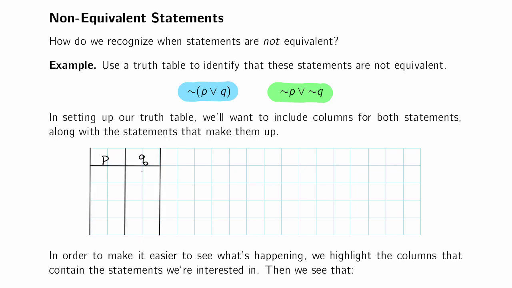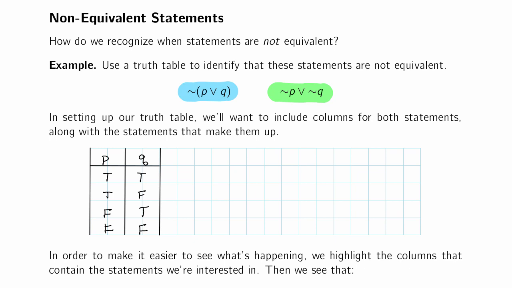And then we'll fill in the values of P and Q. Q, our rightmost statement, its truth values alternate true, false, true, false. And then P will have 2 trues and 2 falses. If we had another statement to the left of that, the pattern would be 4 trues and 4 falses, and so on.